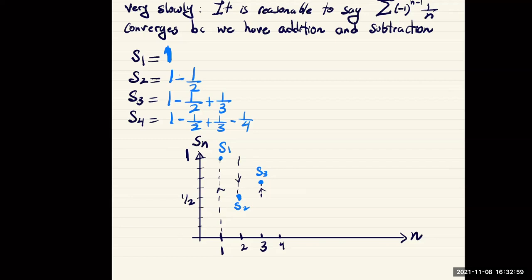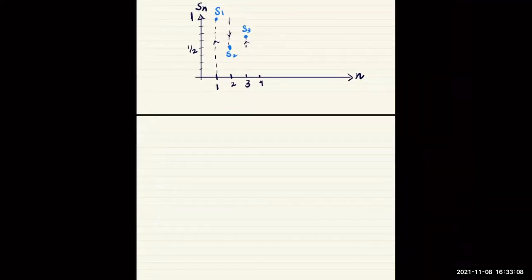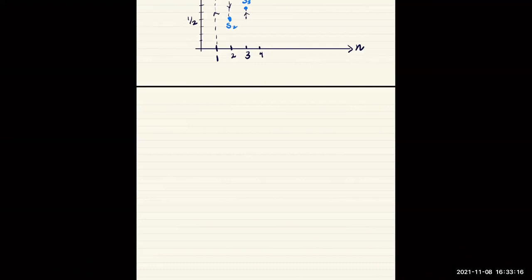So an alternating series is highly likely to be convergent, more likely than a positive term series. And how do we know if an alternating series converges? Here is the theorem, which is called the alternating series theorem, or the alternating series test.